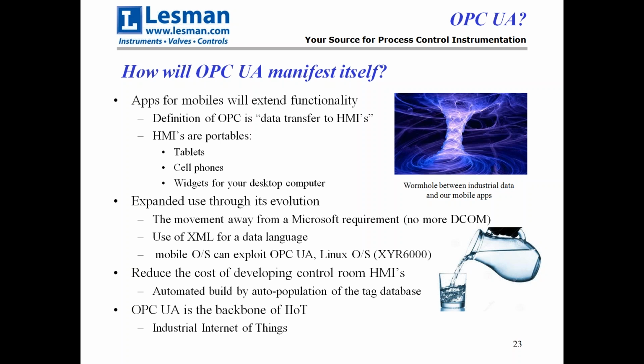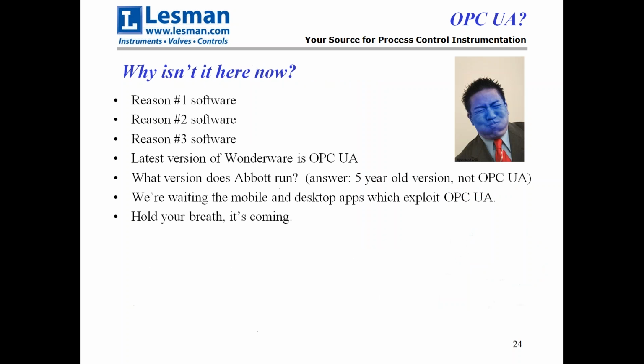It's going to take away a huge part of the grunt work of systems integrators. It will be considered the backbone of what people call IIoT, the Industrial Internet of Things. That's going to be the backbone that carries all this data back and forth and gets it in the right spot at the right time.